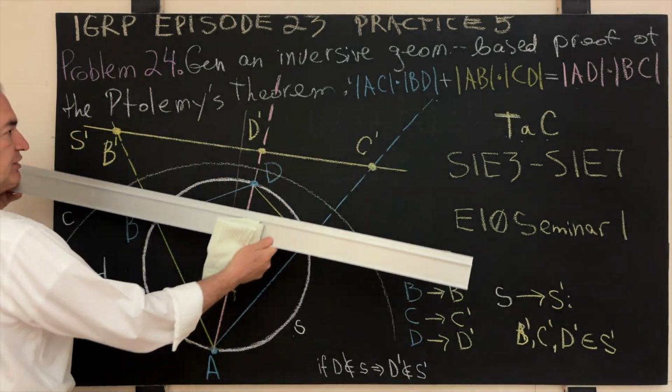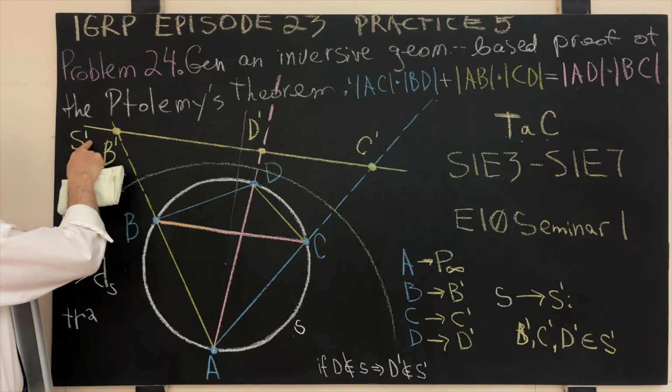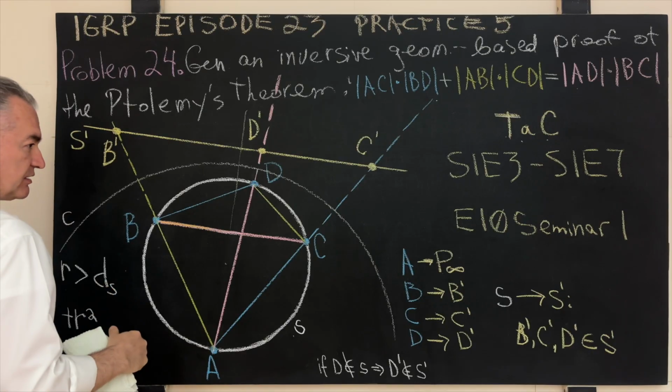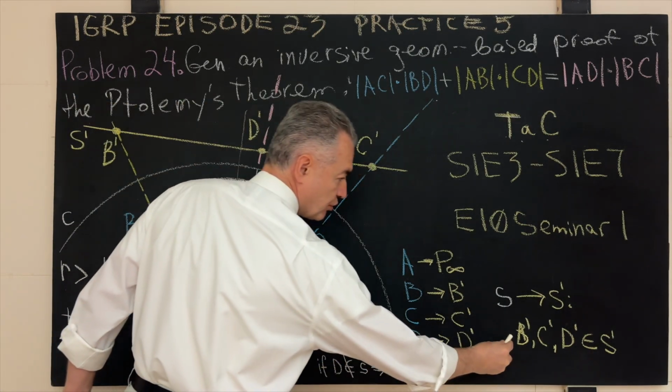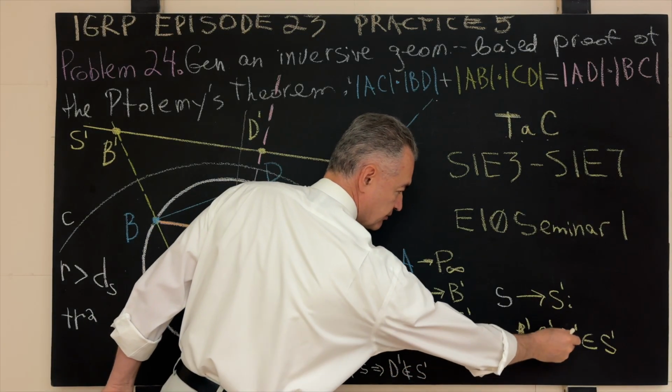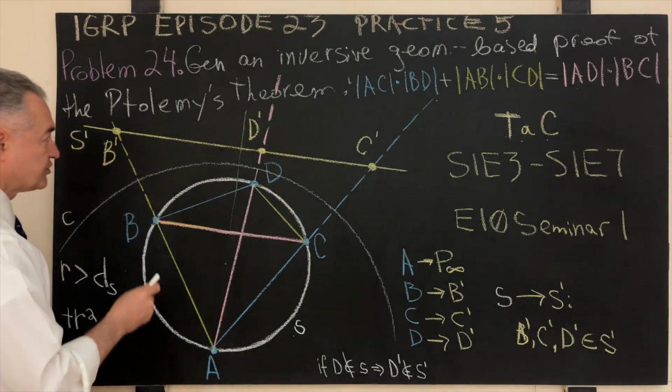I try to show it in yellow. This is the straight line right here, S prime. And the stipulation here is that our points B prime, C prime, D prime belong to that straight line.